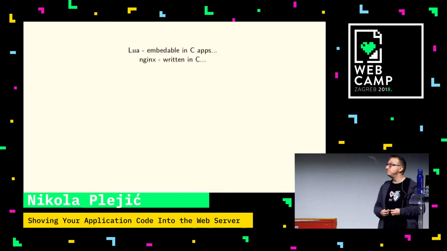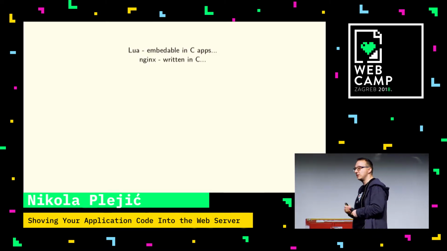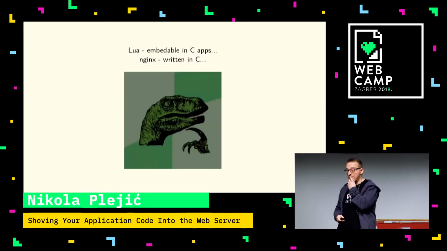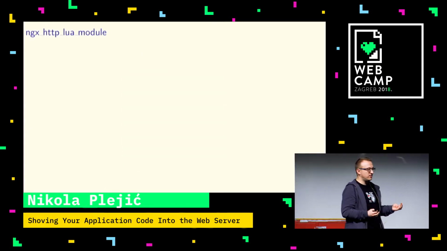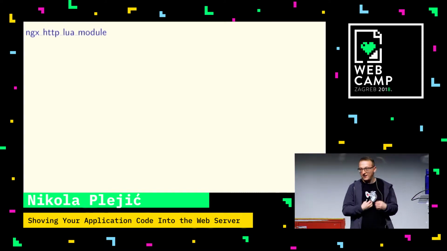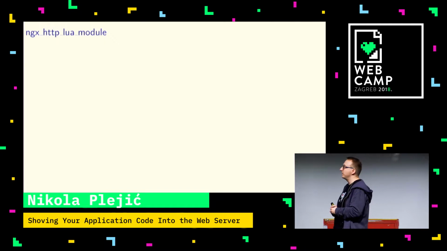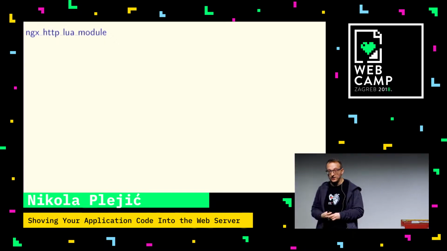So we do know that Lua is embeddable in C applications, and we do know that Nginx is built using C. So I think the question kind of poses itself. What if, right? Luckily for all of us here, far more competent people than I have come to this very unobvious and brilliant conclusion and wrote what is called the Nginx HTTP Lua module.